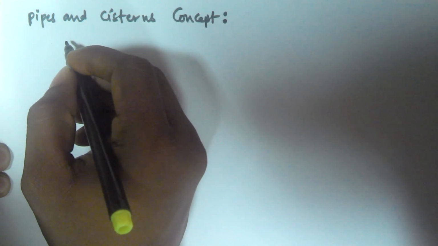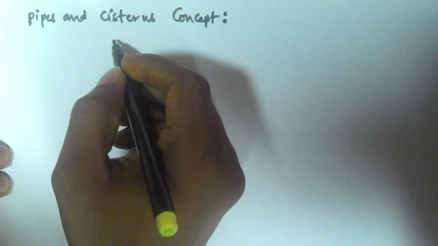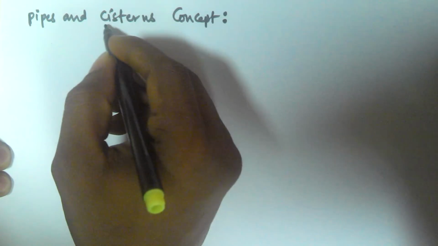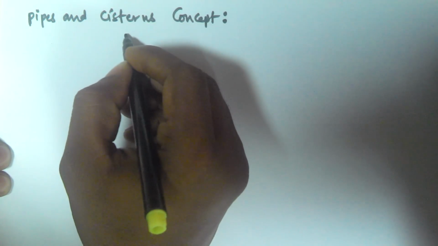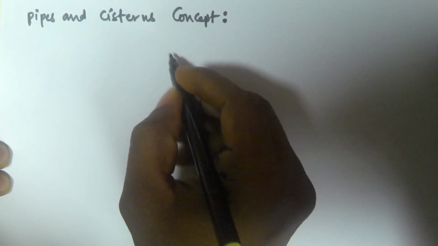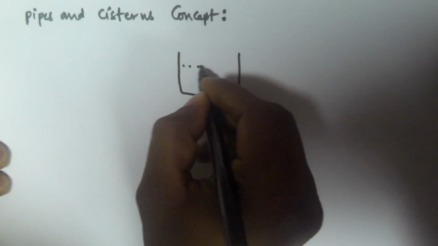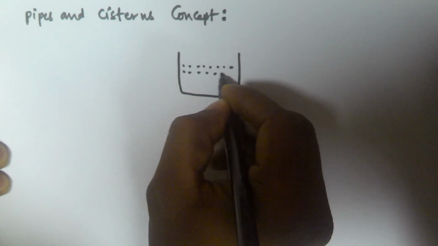Hello friends, in this video we will see the concept of pipes and cisterns. First we will see the definition of cistern. A cistern is something which holds the liquid. So this is the cistern which holds the liquid.